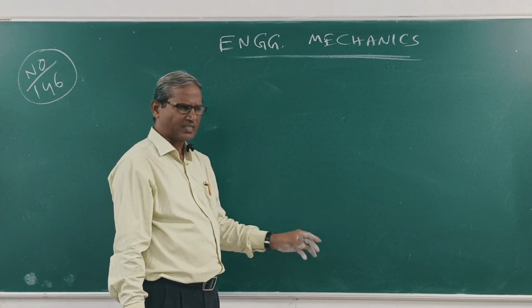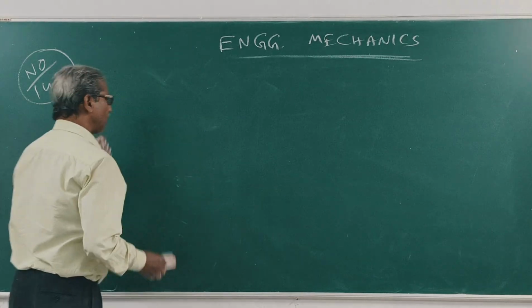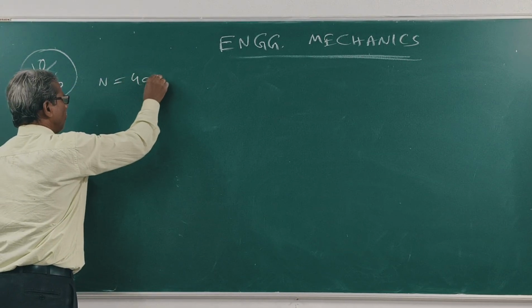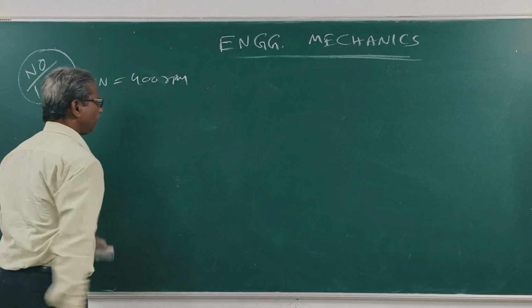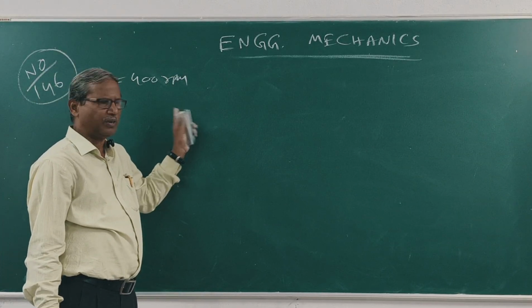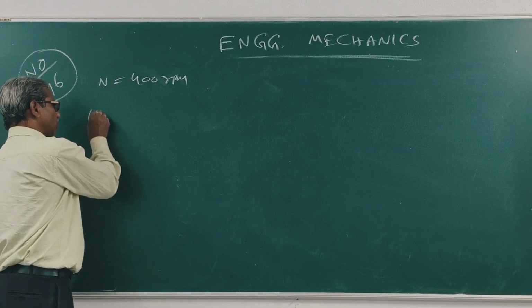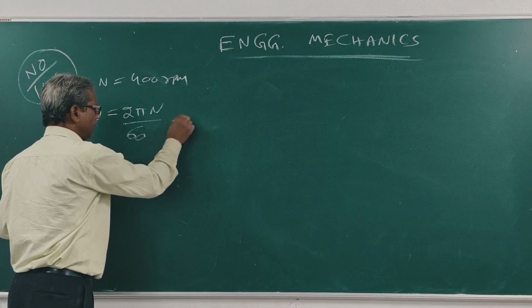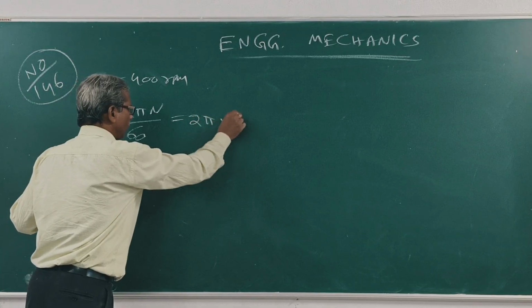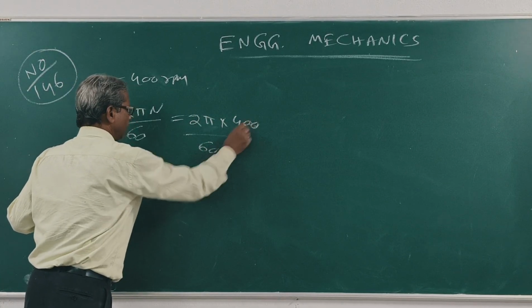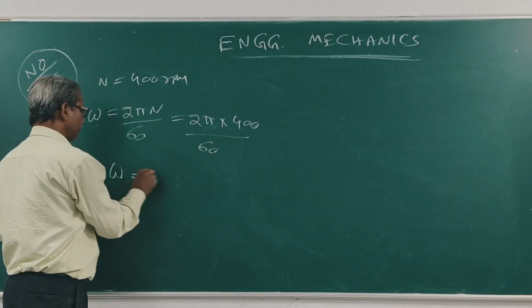Now n is equal to 400 rpm. This is the final angular velocity, the final speed of the pulley. So omega is equal to 2 pi n by 60, so 2 pi into 400 by 60. Clear?